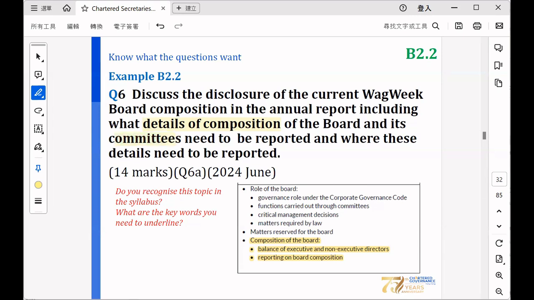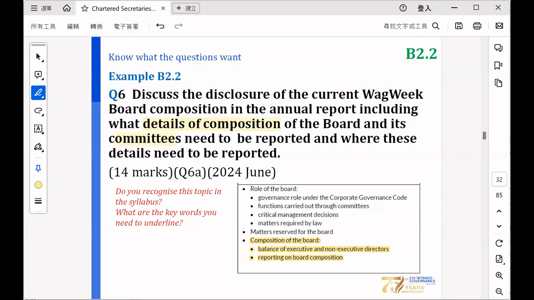So that's just the requirement under the CG code. What you need to disclose about the board compositions, and any problem with the board compositions.